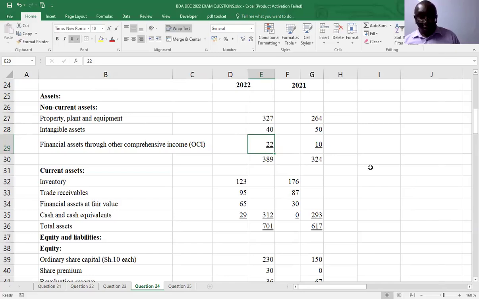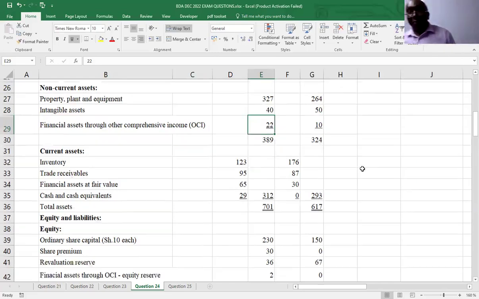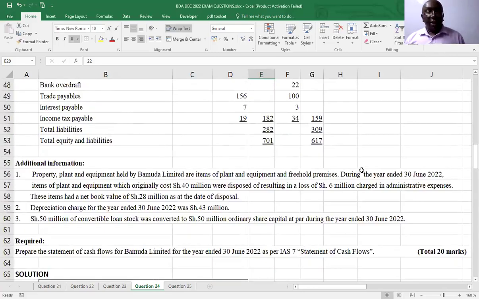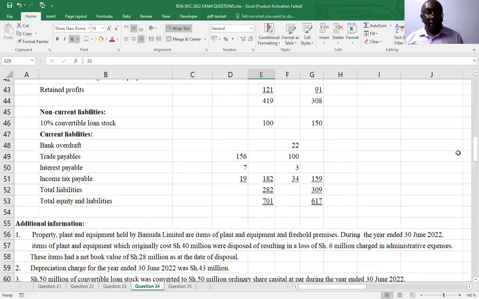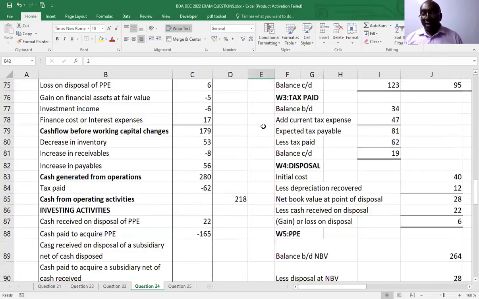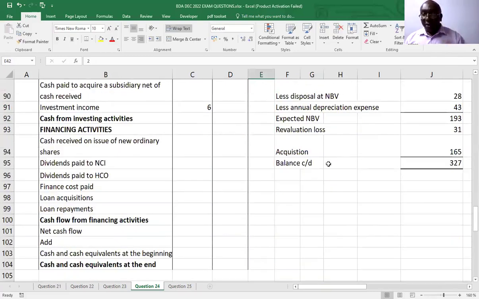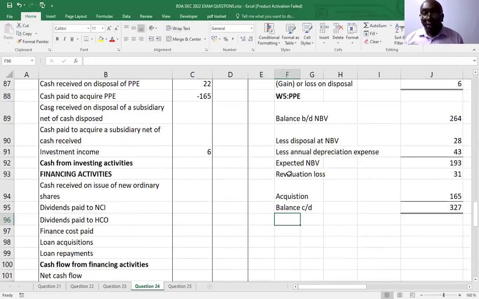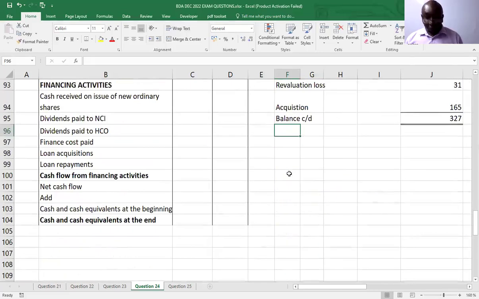So we need to see what happened to that. And you can see there was a revaluation here. This one, can see from 0 to 2. So let's have it as a working, badala ya combine zote pamoja. So now this is working 6. We'll just call it financial assets.